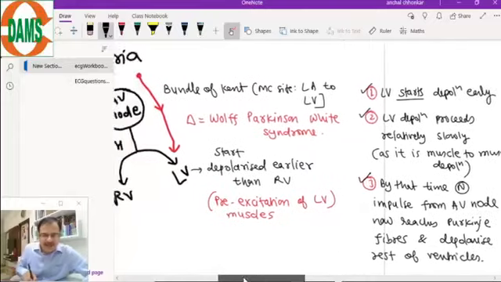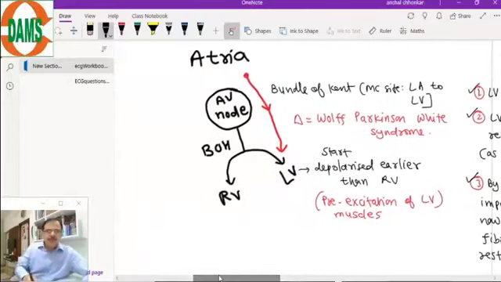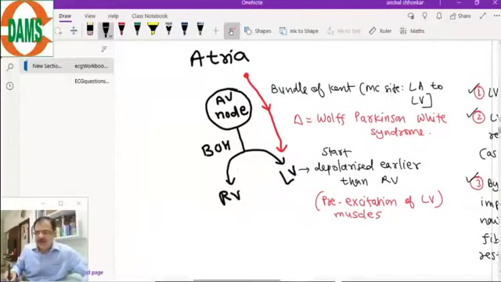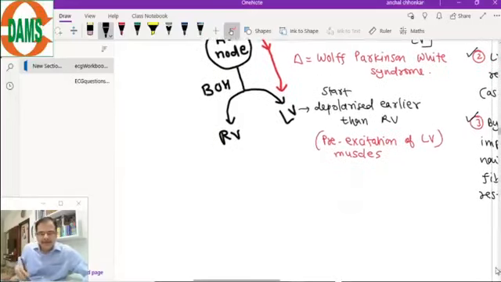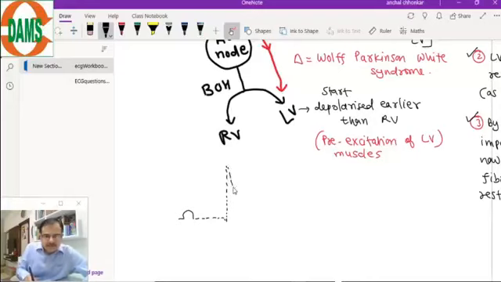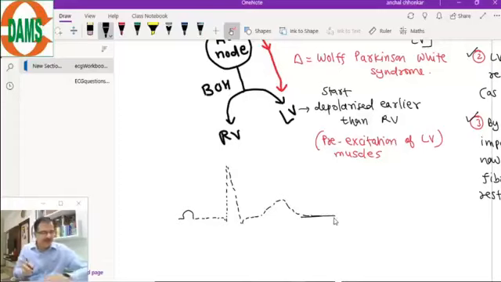Let's make the diagram now. So the diagram of the WPW syndrome: this is P wave, this is dotted line, this is QRS complex, this is T wave.